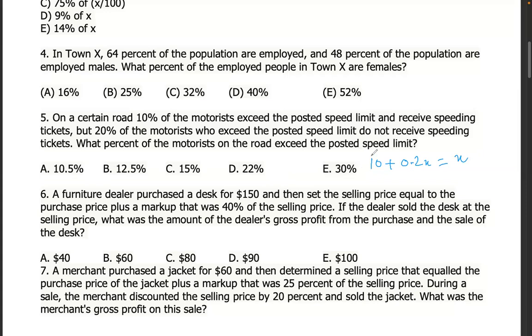When you study Venn diagrams, you can do it that way; right now we are studying percentages. Now this goes 10 is equal to 0.8x, so x is equal to 10 by 0.8. 100 by 8 is 12.5%.